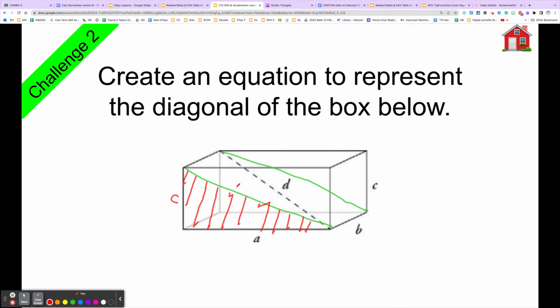This diagonal here, how about I call this e? So we know that e squared would equal c squared plus a squared. That means that e would equal the square root of c squared plus a squared. That's what this e here would be. And then if we were looking at this diagonal here, let me try to draw that as best I can.